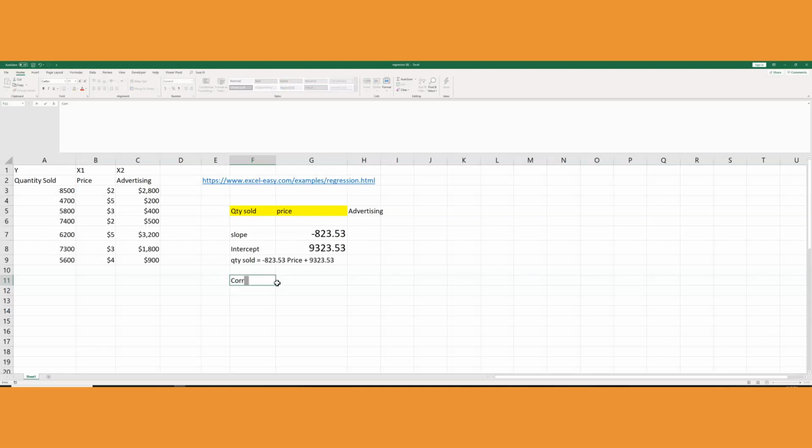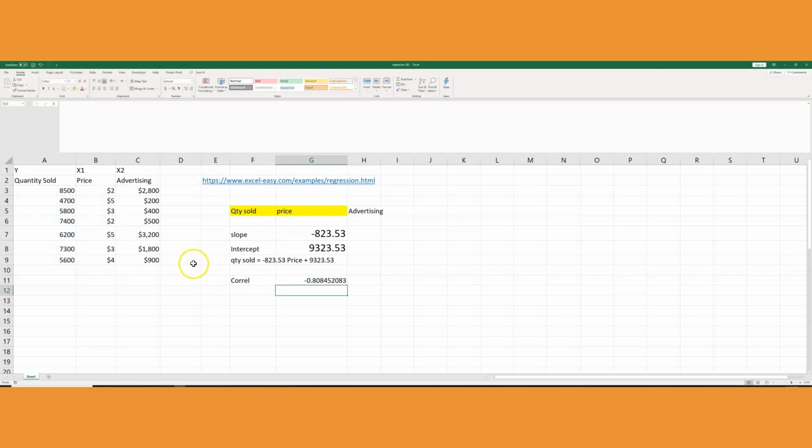Okay. Now we could go ahead and do the correlation to see how much the relationship between the price and the quantity sold. Correlation, and there is a function called, of course, any function that has to be used in Excel, we start with the equal sign. So it's CORREL. And it's going to ask us, the order doesn't matter, but be consistent with how we feed those functions. We're going to do y, and also we're going to do the x's here, or the independent variable.